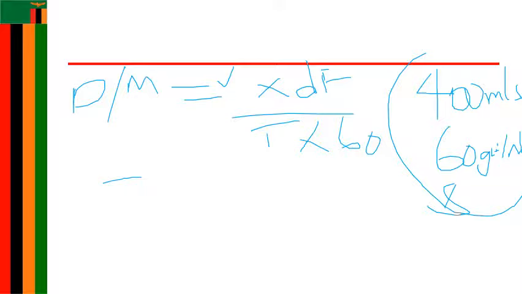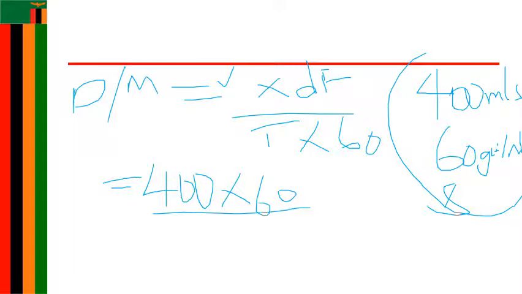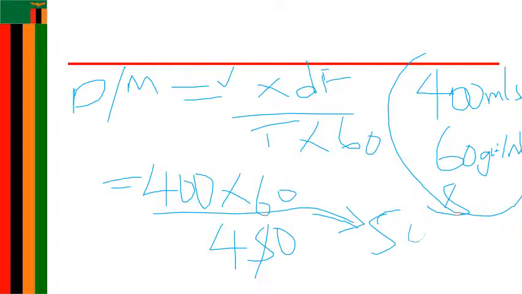Now to put this into the formula, we're going to have 400 mls times 60 drops per ml, divided by 480 minutes. From this, we're going to have 50 drops per minute.